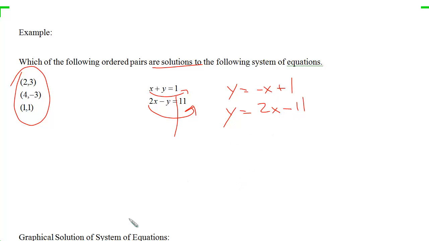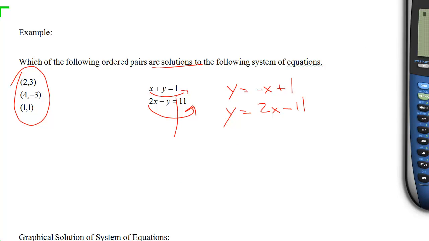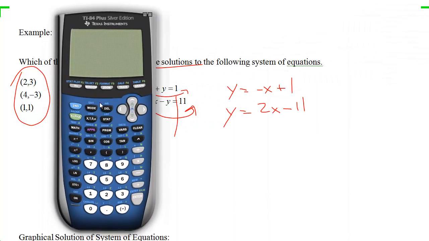And then I could graph these two. I could do that pretty easily on a calculator. We'll go to y equals, I'll put negative x plus 1, and I'll also plot 2x minus 11.